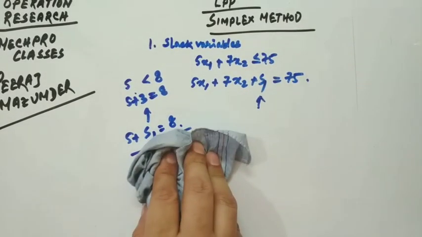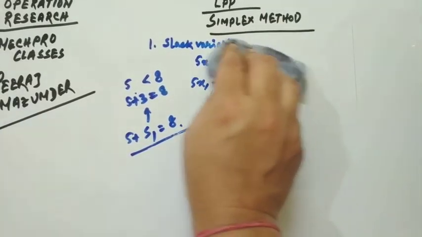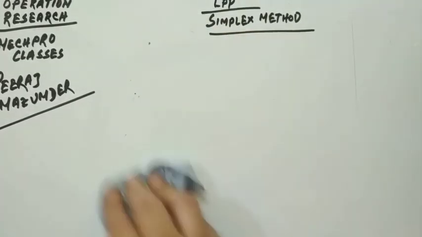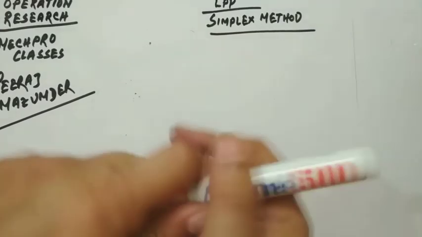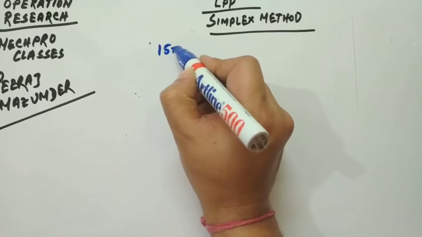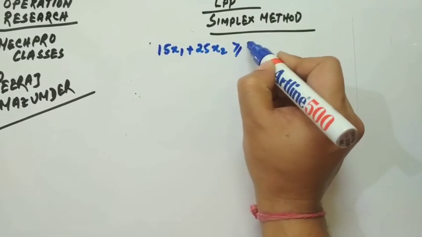Now one more thing I will tell you, about the minimization problems. There is a term known as surplus variable. Say we have 15x1 plus 25x2 greater than or equal to 300.